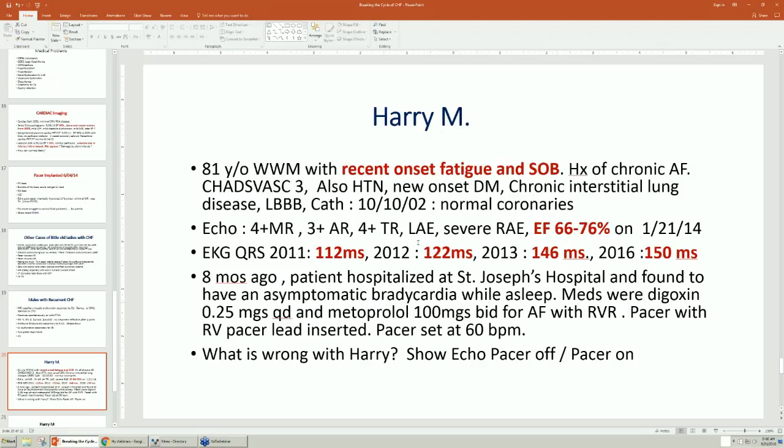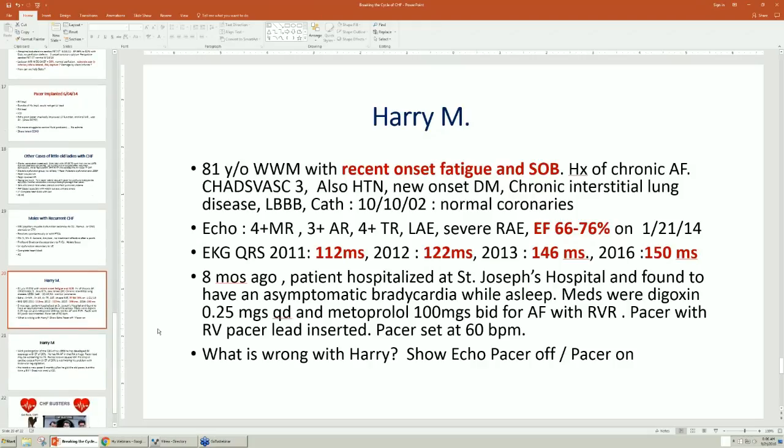He had permanent AF and a permanent left bundle branch block, but his left bundle wasn't bothering him until it reached a critical QRS duration of 150 milliseconds. That's when the left bundle became more progressive and it became a problem.